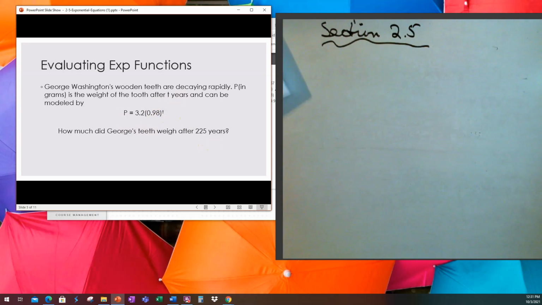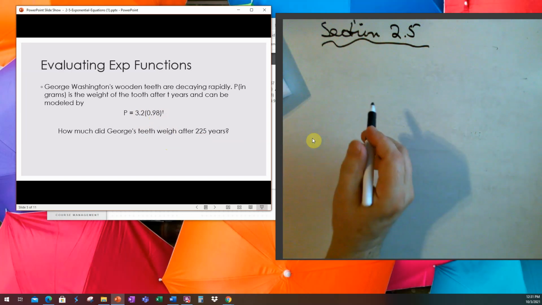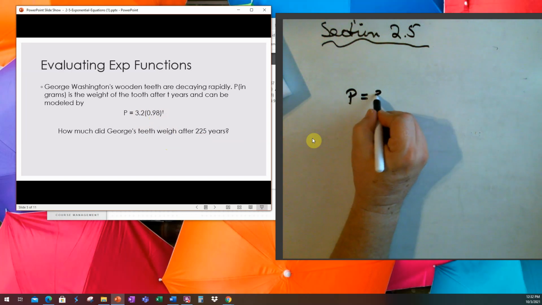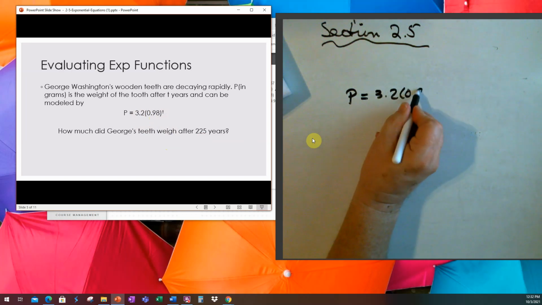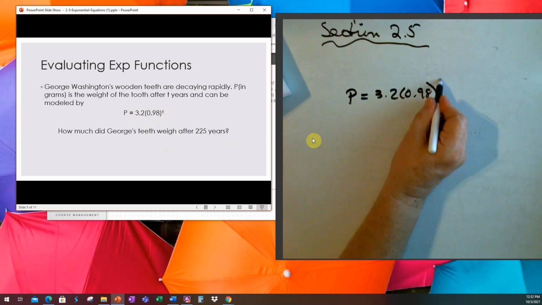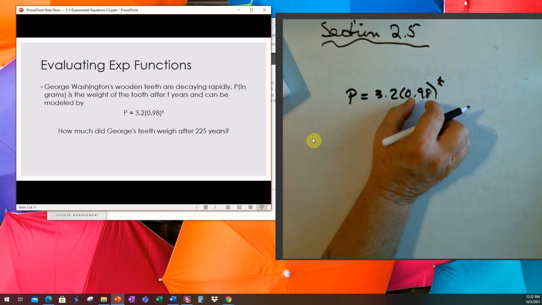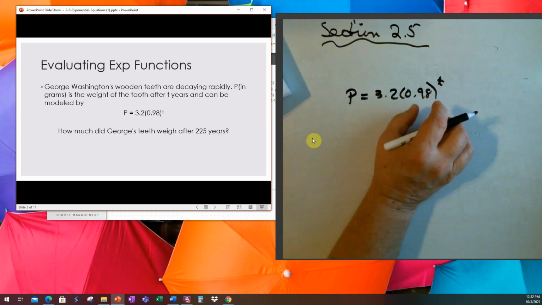From the base year 0, when you started keeping up with this, you go from there. So the amount that you would have is 3.2 times 0.98 to the T, since you have 98% left. You're decaying by 2% a year. 100% is 1, and 100 minus the 2% a year would give you that.